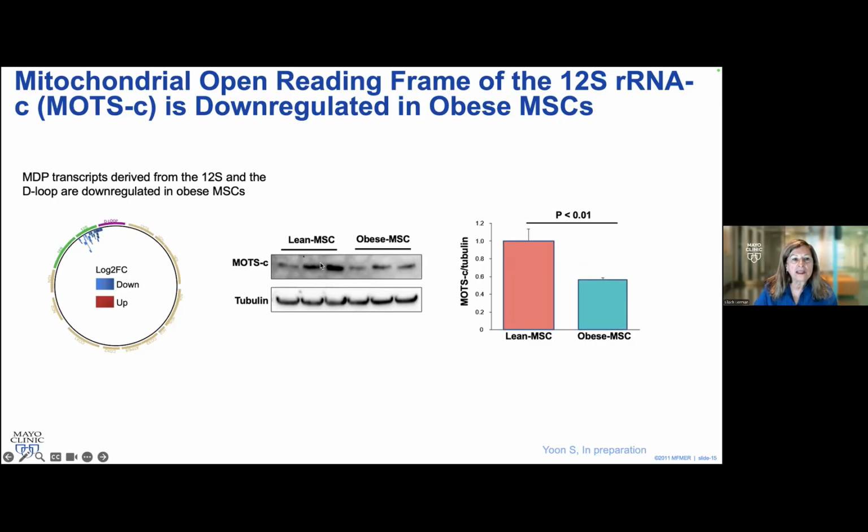Interestingly, we found that MOTS-c is downregulated in obese MSC. You can see here, this is again the circular DNA of the mitochondria. You can see the decreased expression of the 12S and D-loop MDPs, and this was specifically in MOTS-c, whose levels were decreased.